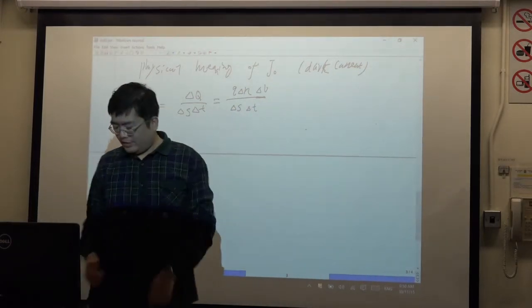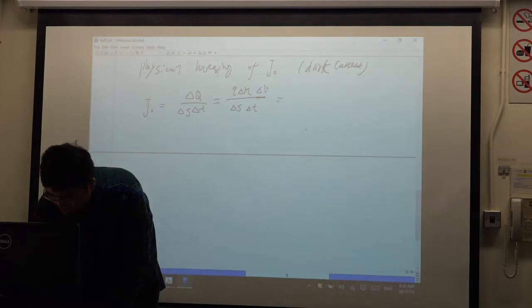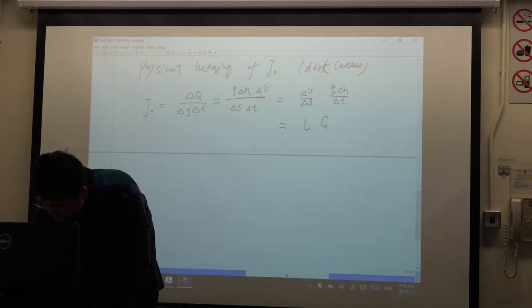No problem. So I change delta V over delta S. Q delta N over delta T, and delta V over delta S is L. Q delta N over delta T is just the generation rate.